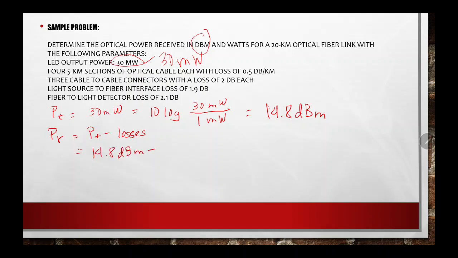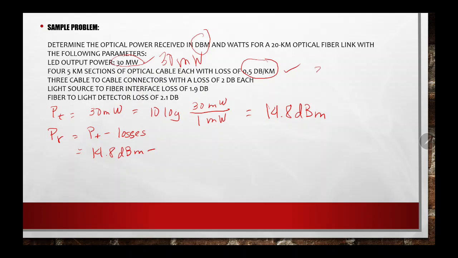Ano yung unang loss? Yung una, meron kang 5 kilometer section of optical cable each with loss of 0.5 dB per kilometer. Kailangan i-convert natin ito sa dB lang. So, i-multiply natin yan ng total length. Kasi meron kang 4 na 5 kilometers.